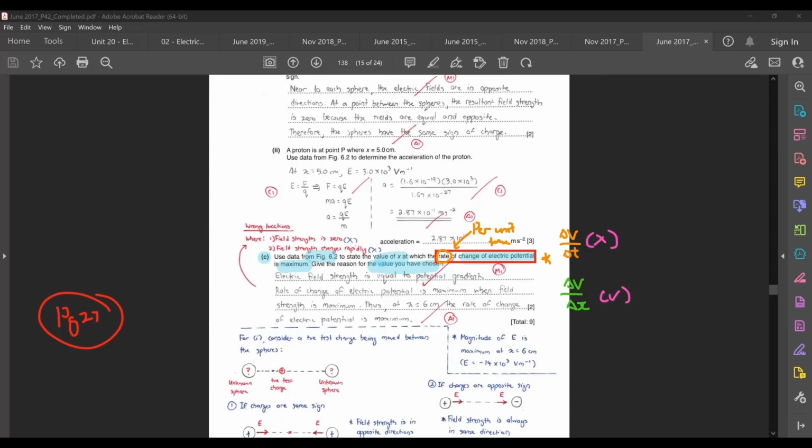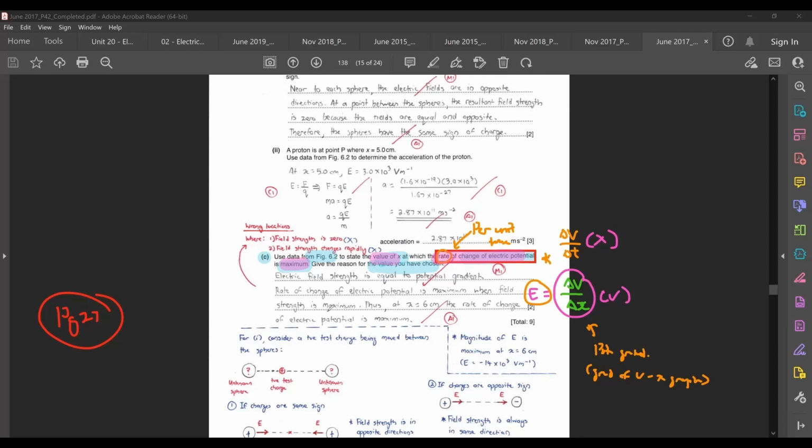So when you read this question, they ask you to state the value of x at which the rate of change of electric potential is maximum. It's asking you about delta V over delta x being maximum. Okay, and delta V over delta x is actually equal to your electric field strength. So delta V over delta x is the potential gradient, the gradient of your V-x graph, which in turn is equal to your field strength.